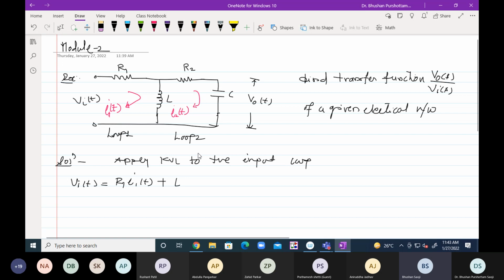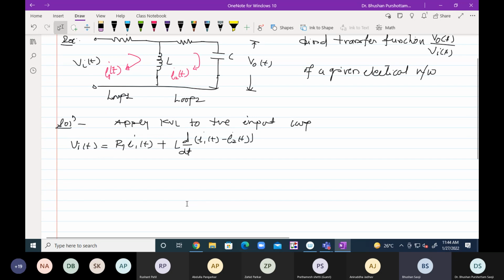So we can have d by dt of I1 of t minus I2 of t, because both currents are flowing in opposite directions. That's why we have a difference of the currents, I1 of t minus I2 of t, and its derivative, that is d by dt.